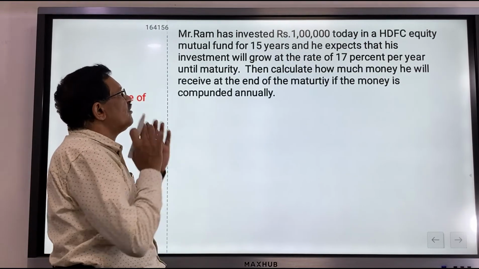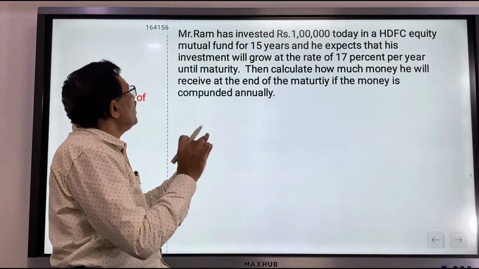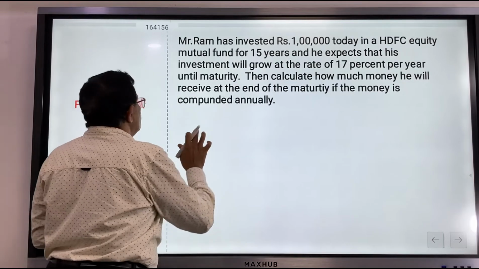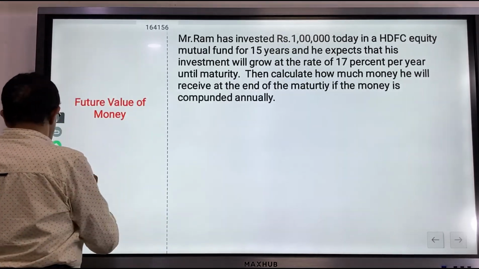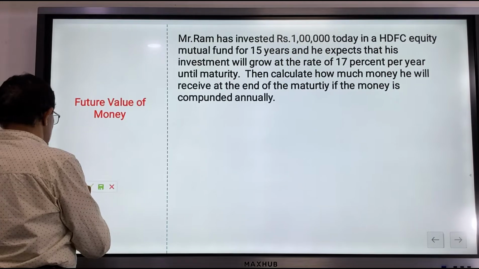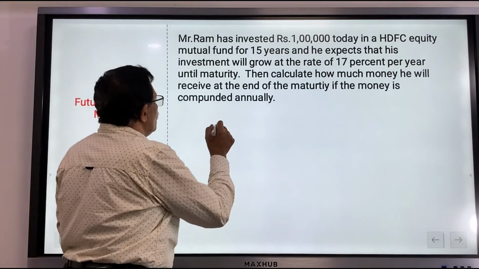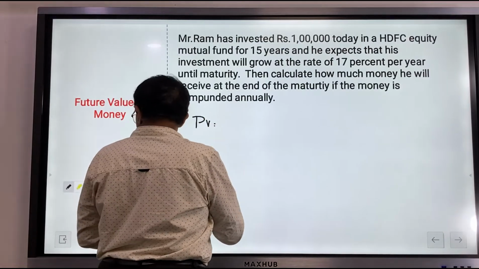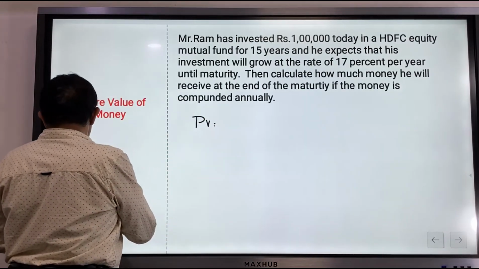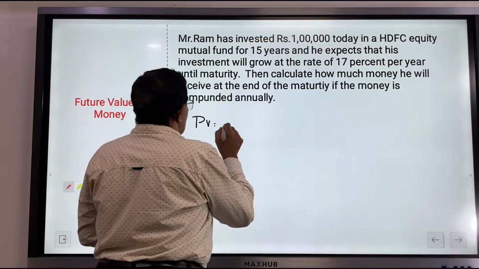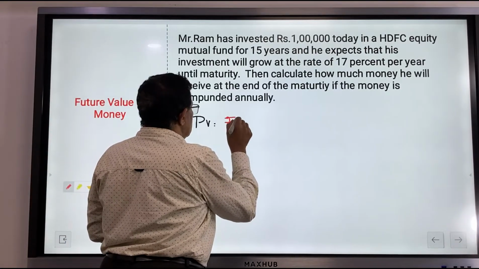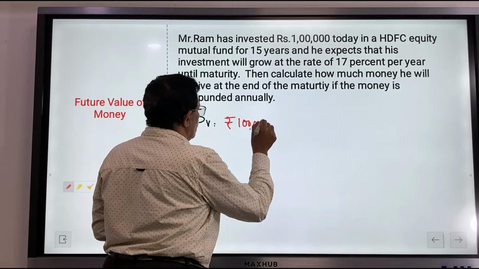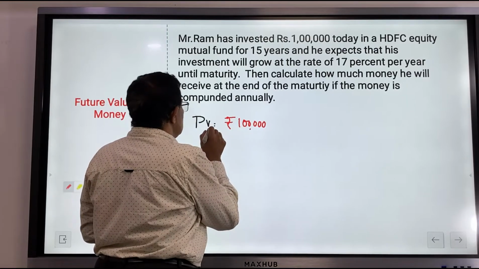He has stated that rupees 1 lakh has been invested today. That we can call the present value. The present value is equivalent to rupees 1 lakh, that is P0.